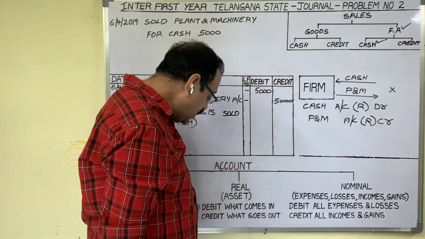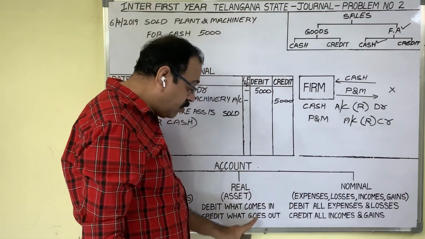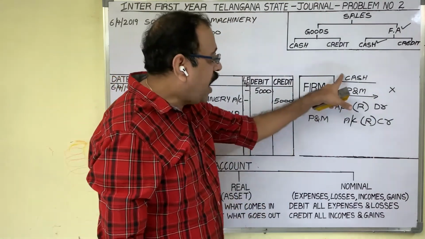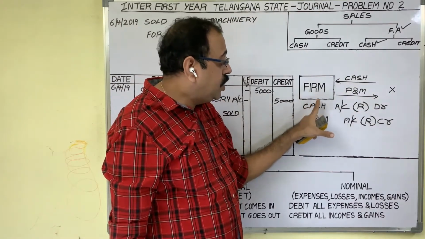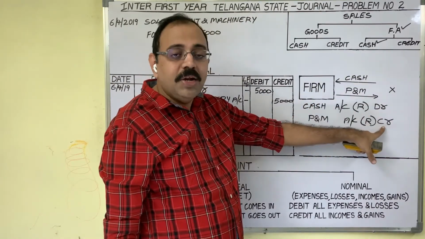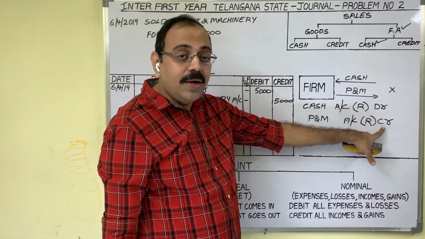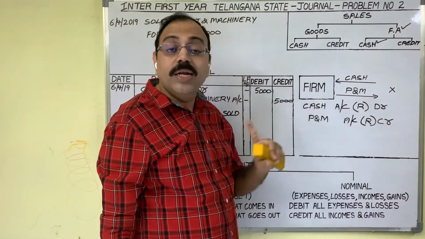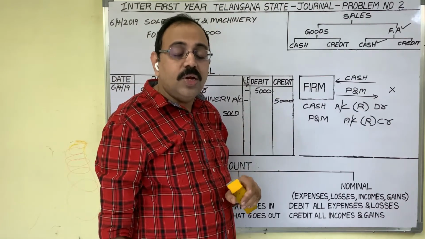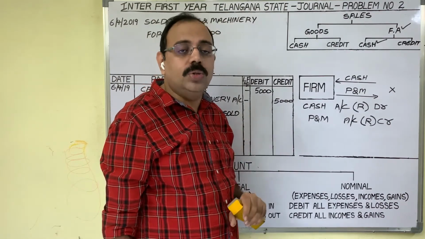Real account rule is debit what comes in, credit what goes out. Cash is coming, debit cash account. Plant and machinery is going, credit plant and machinery account. And instead of plant and machinery, we need not write the word sales. That rule is applicable only for goods.